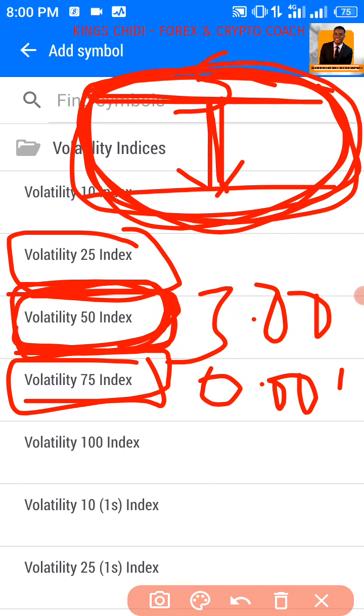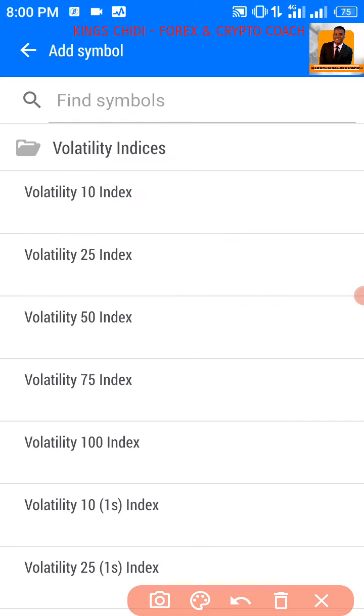For volatility 50, you're making like $4 or $5. For volatility 75, you'll be making like $6, $7, $8. So that's how it is. Now volatility 100 is the highest. You don't trade it with a small account.